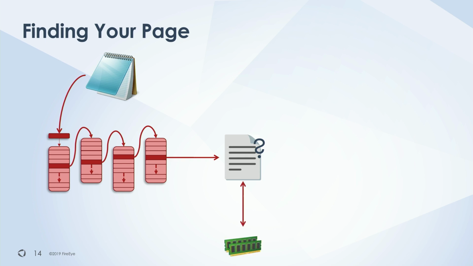If it's a hardware PTE, I head down to RAM and fetch it from there. Software PTE, no problem, I go out to the hard drive. Ultimately, the PTE is updated accordingly back to a hardware PTE, and Notepad gets the page. Notepad has no idea that the memory manager just did all of this under the hood.